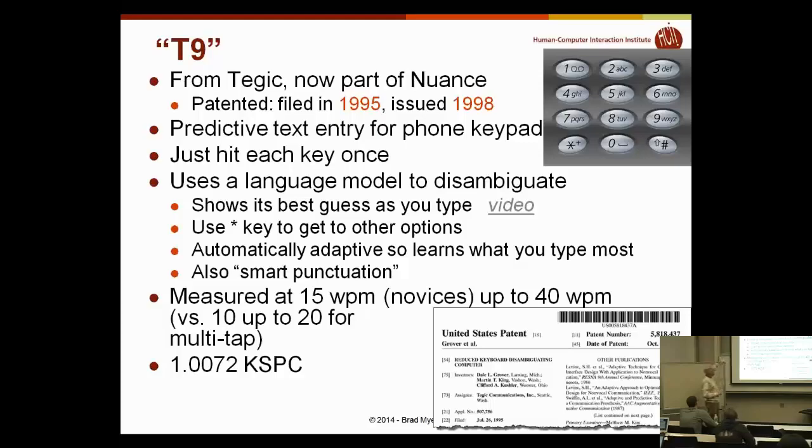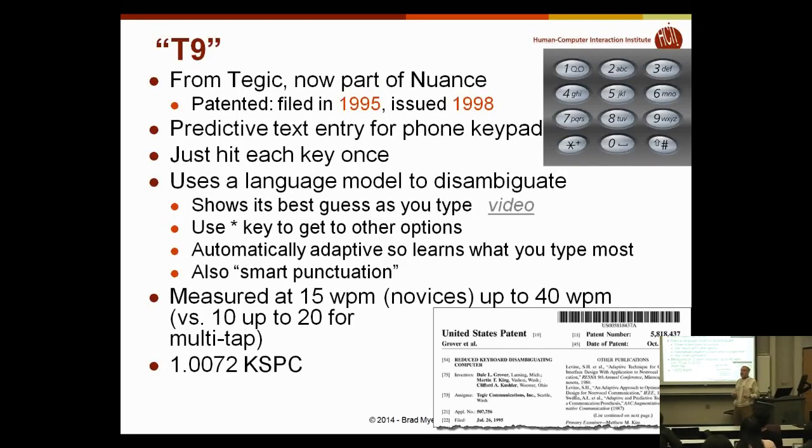Anyway, the T9 idea was, let's let people just type a single character, and that character will represent all three of those letters, and then we'll figure out which one people probably meant at the end of the word. So if I wanted to type cat, I would just type 228.